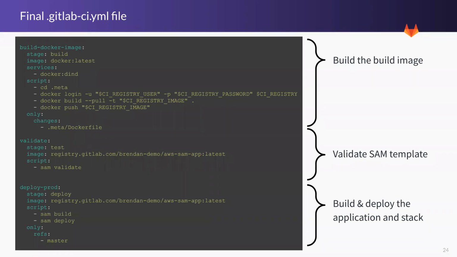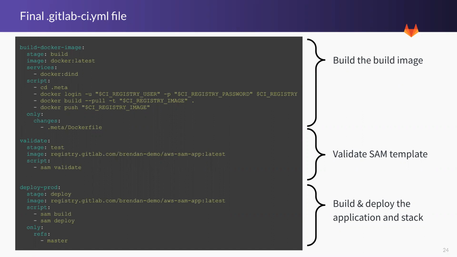And so when I do a SAM validate, it's going to validate that my template is ready to go. In production, I probably have a lot of other tests here, right? I might have some unit tests for my functions. Surprisingly enough, for the demo, I didn't write unit tests for my functions. I know everyone will be surprised about that. But this is an example of how we can do some validation ahead of time on every branch and every change that's made to our application or to the template.